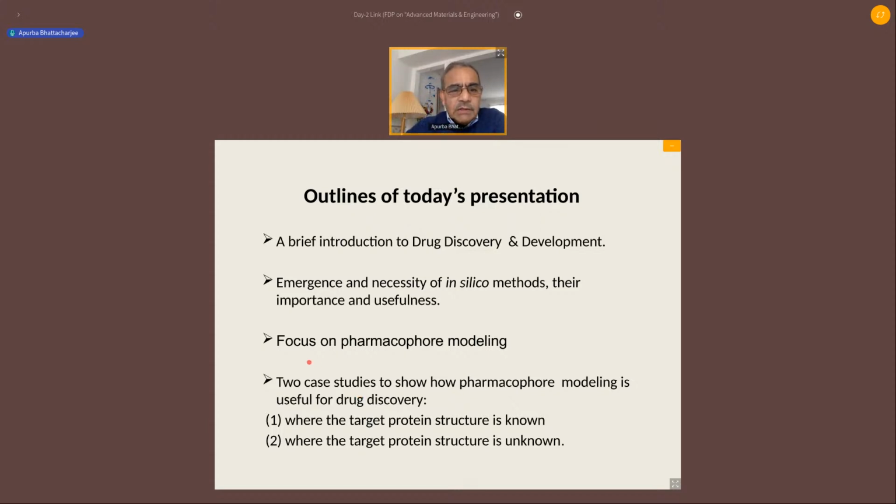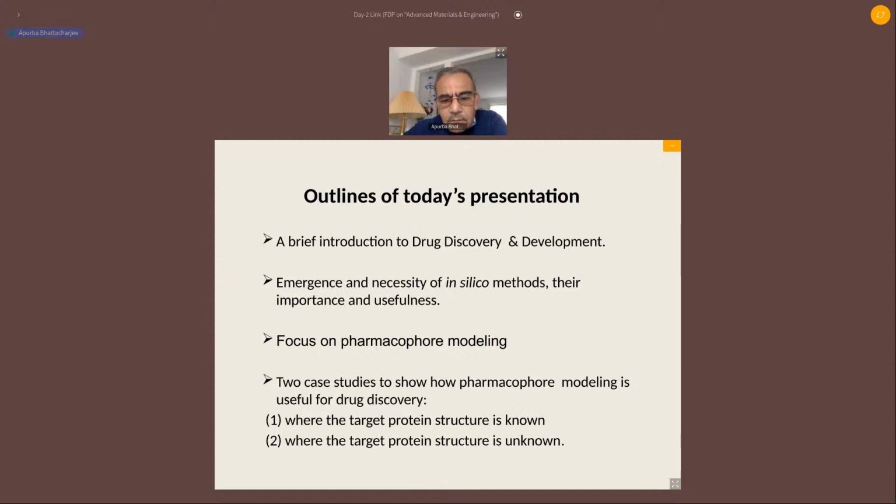My special focus would be on pharmacophore modeling. Pharmacophore modeling is a kind of weak interactions between the drug molecules and the active site, and this has immense implication in material design, the molecular cluster design, which are very commonly used these days in the material sciences.